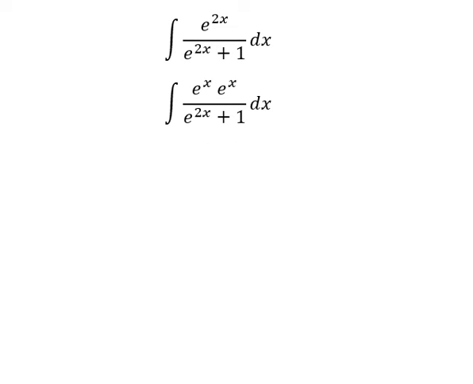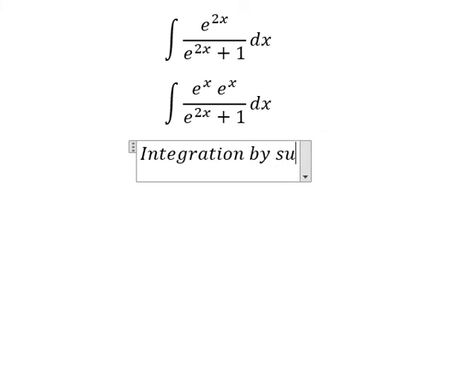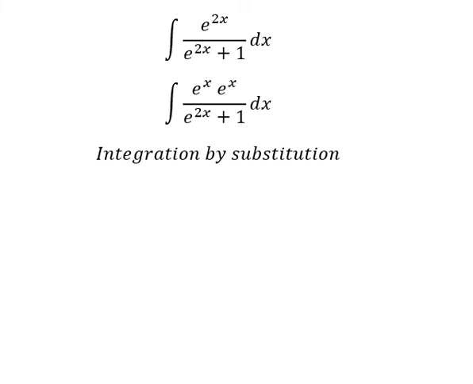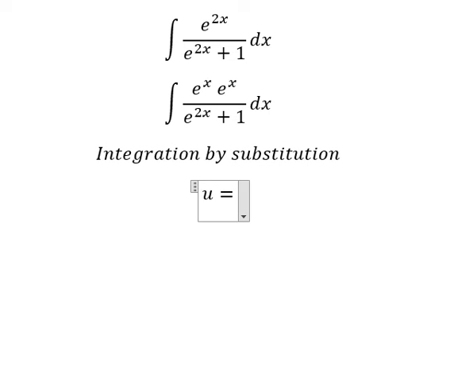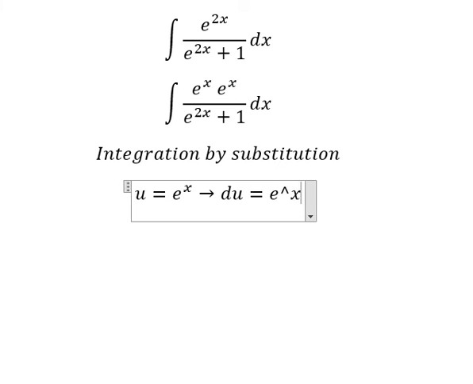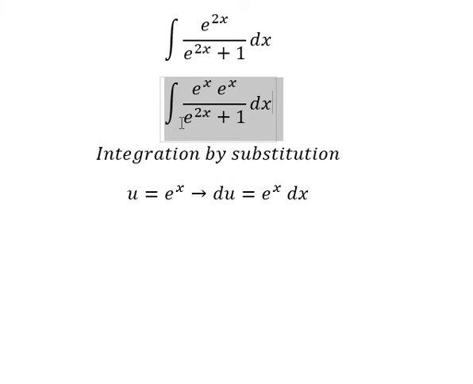Next, I will use integration by substitution. So I will put u equals to e to the power of x. If we take the first derivative of both sides, we have du equals to e to the power of x dx.